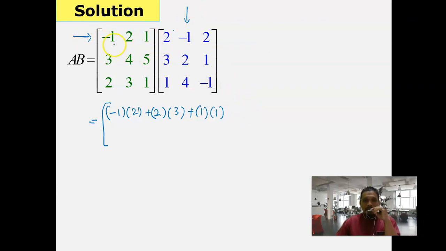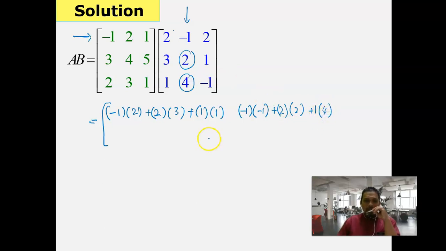So now, -1 multiplied with -1, plus 2 multiplied with 2, and 1 multiplied with 4.